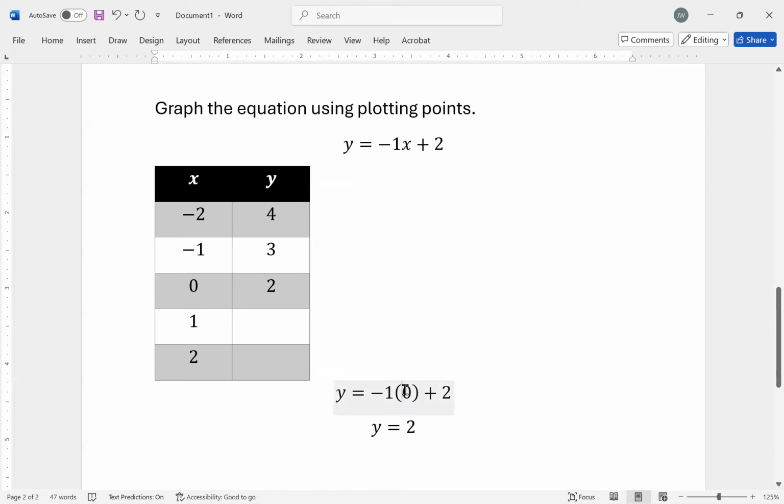If I plug in the number 1, -1 times +1 plus 2, so that's -1 plus 2, gives me +1. And then if I plugged in a 2, I get a y value of 0.